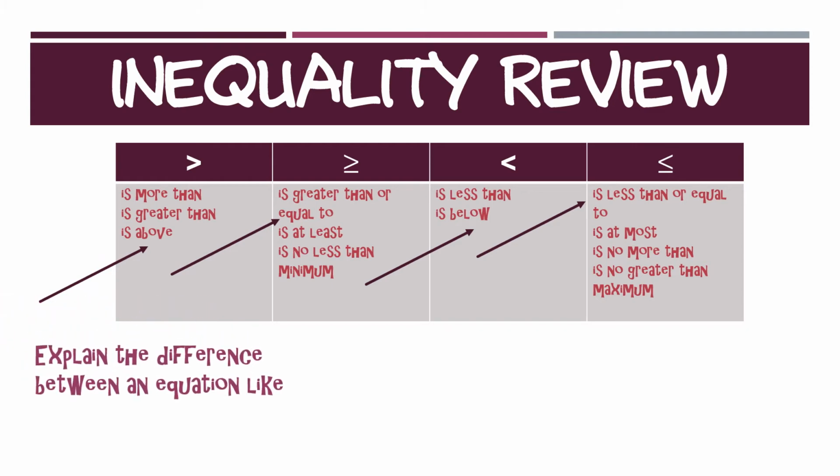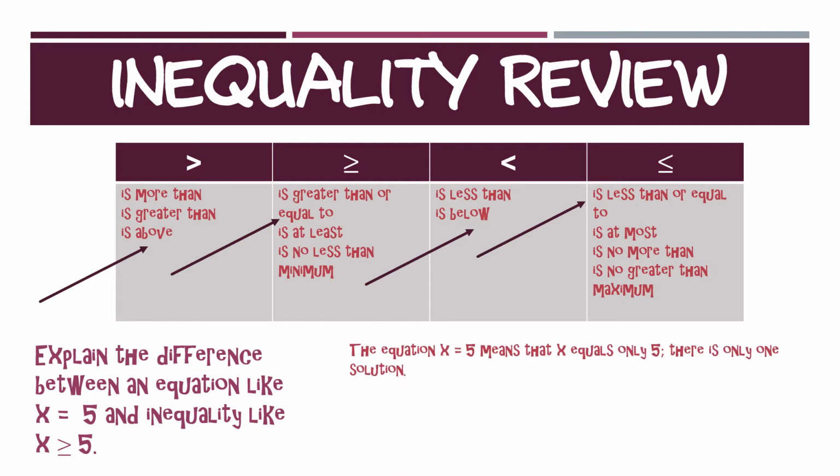So explain the difference between an equation like x equals 5 and an inequality like x is greater than or equal to 5. The equation x equals 5 means that x equals only 5. There is only one solution.